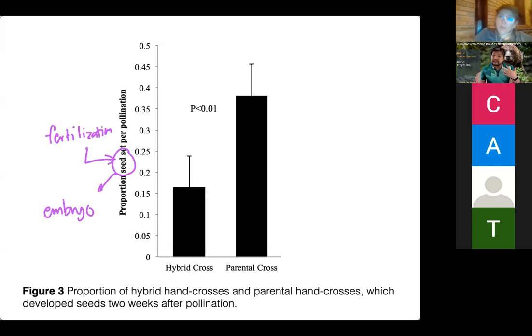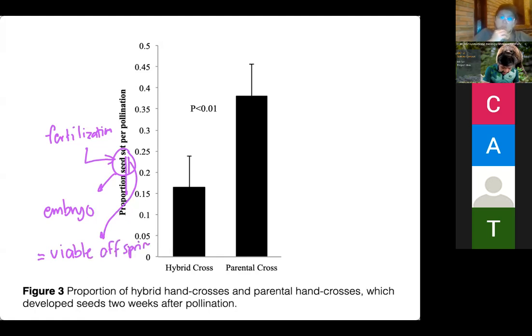So she wants to see, let's say the pollen does adhere and germinate and fertilize an egg, would it yield a viable offspring? And basically, the production of seed in plants is equal to a viable offspring.